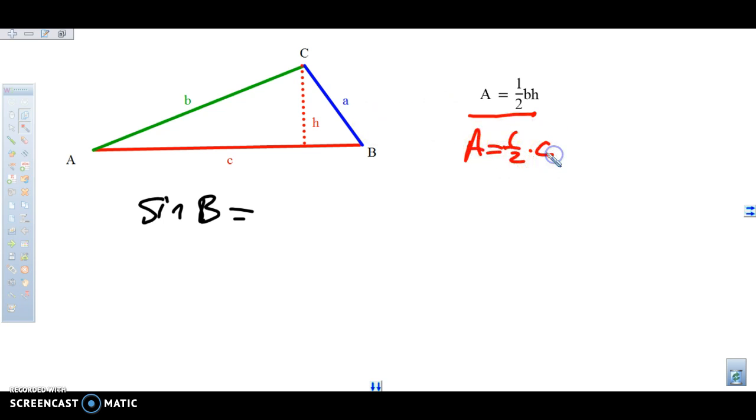So I'm going to pick side C as my base, and when I do that, if side C is the base, then I'm going to think of this little right triangle that's in there.